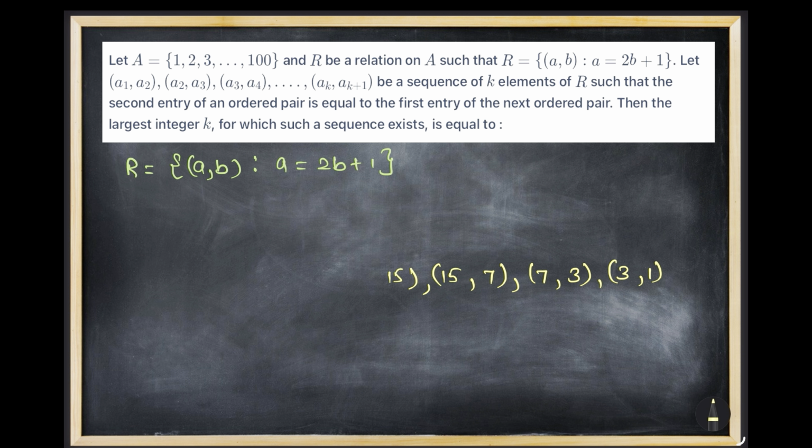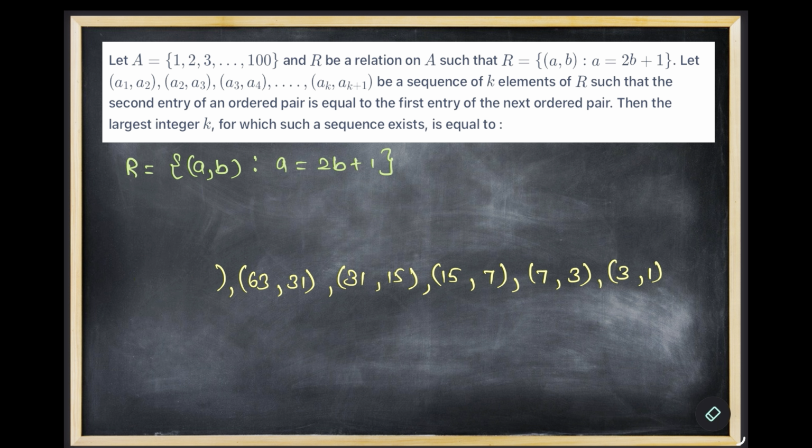Now go with 15, so it is 31. Now go with 31, so it is 62 + 1 = 63. Now if you take 63, it will go beyond 100.